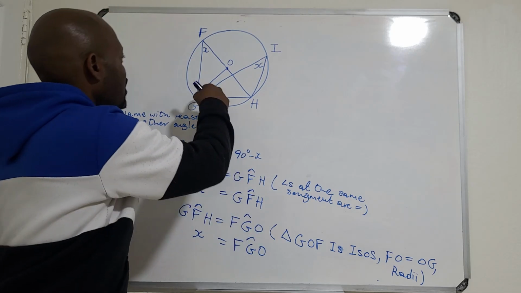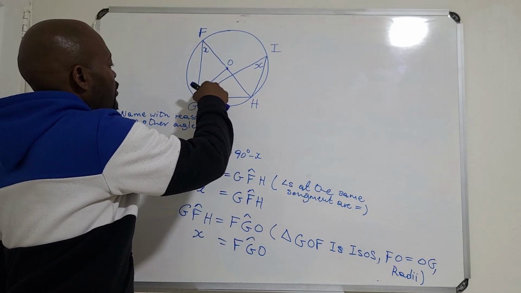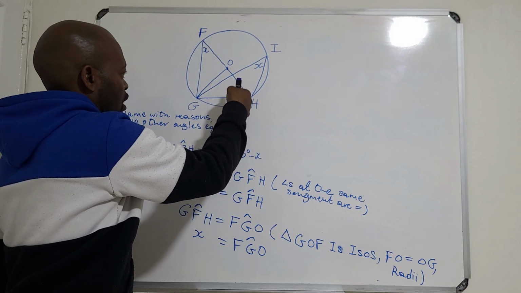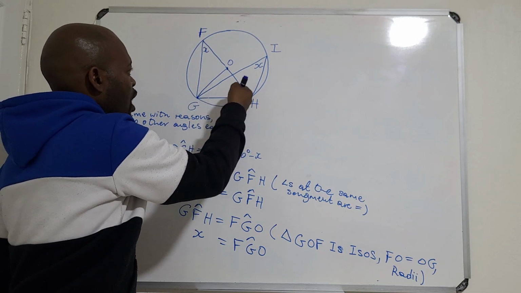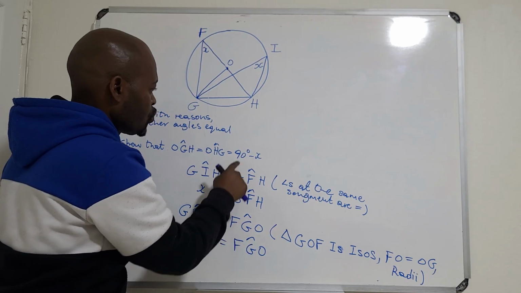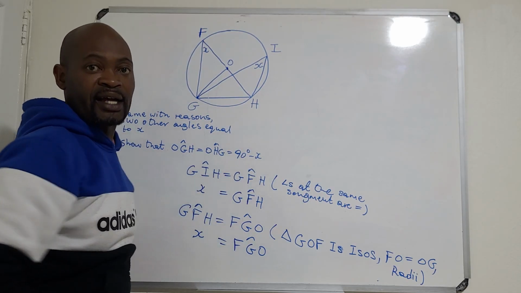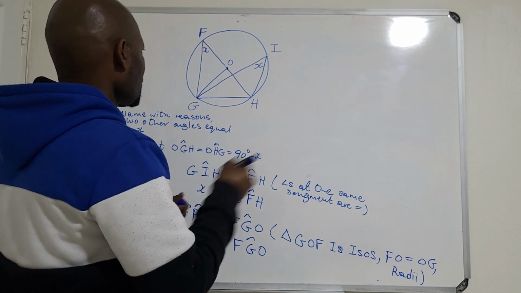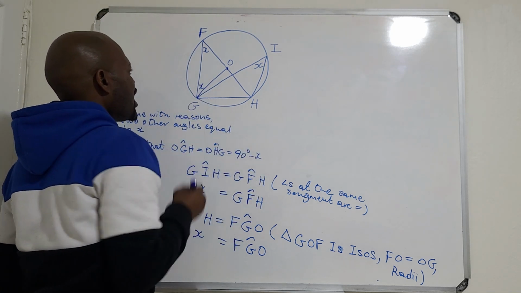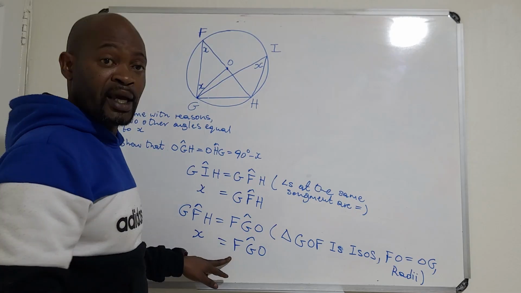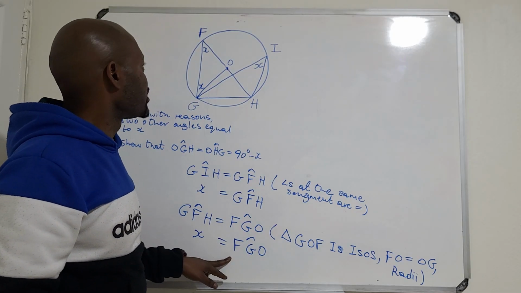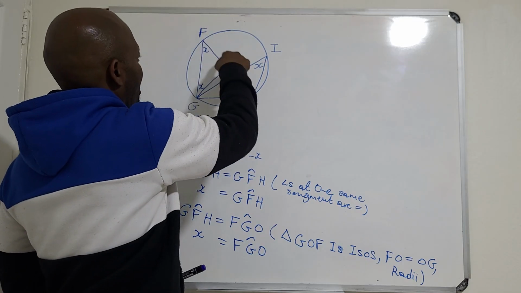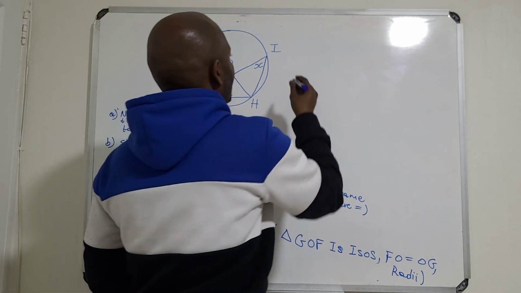So we must show that this angle there and this angle are equal. But they are equal to what? They are equal to 90 minus x. Right. What we know is that this angle is x, as we have said there.